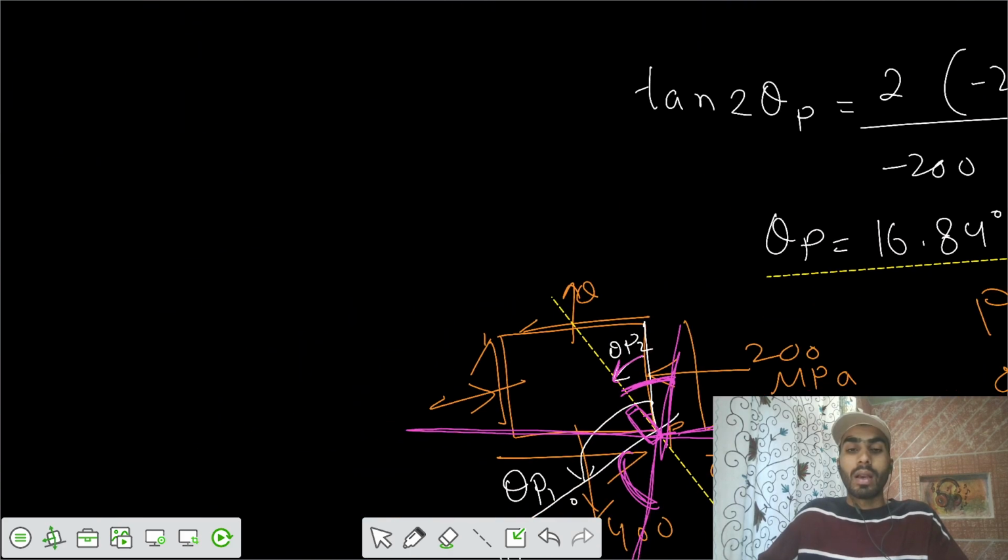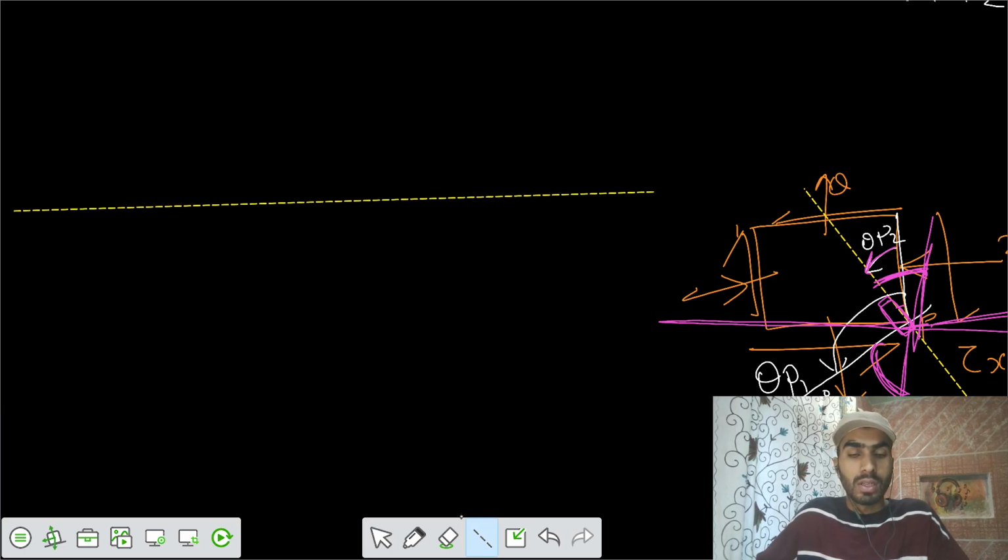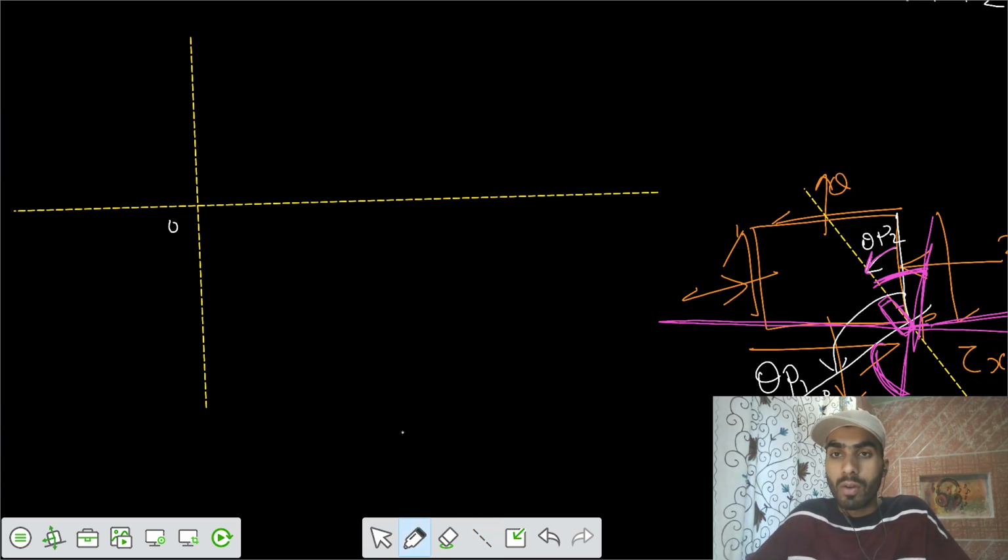If you want to make it by Mohr's circle, let's draw Mohr's circle. Let's say this is our reference origin. Firstly we can calculate the center. We have calculated sigma x plus sigma y by 2, that equals 100.